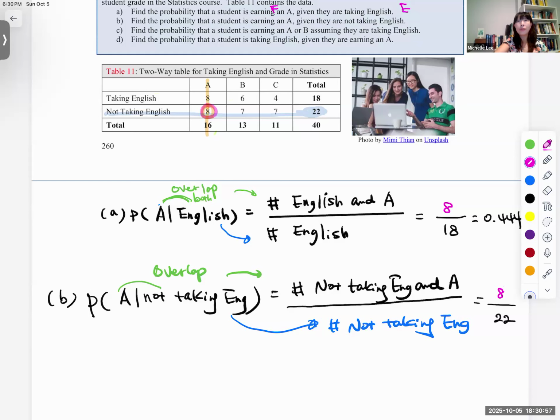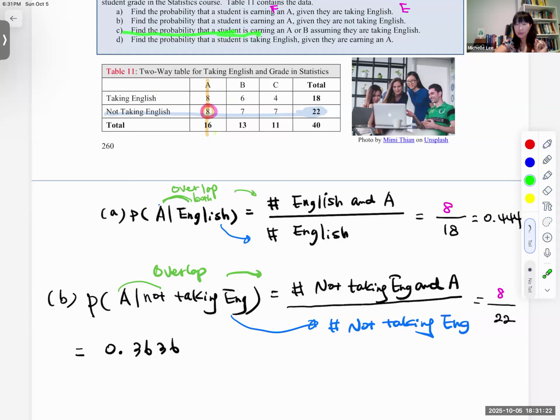What do you have? 0.3636. Okay, good. Let me write it down here: 0.3636.